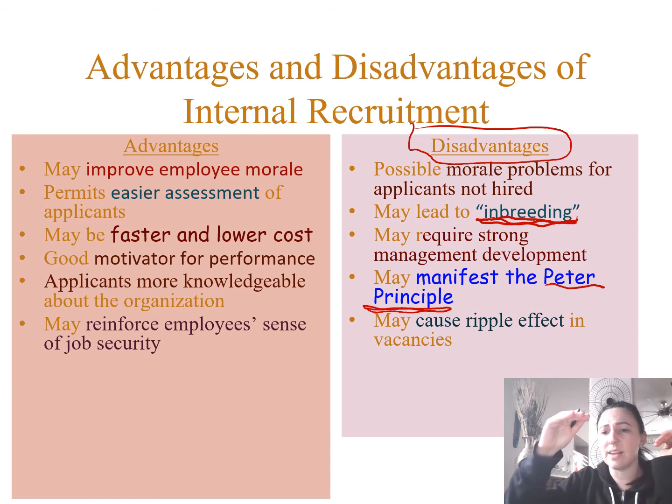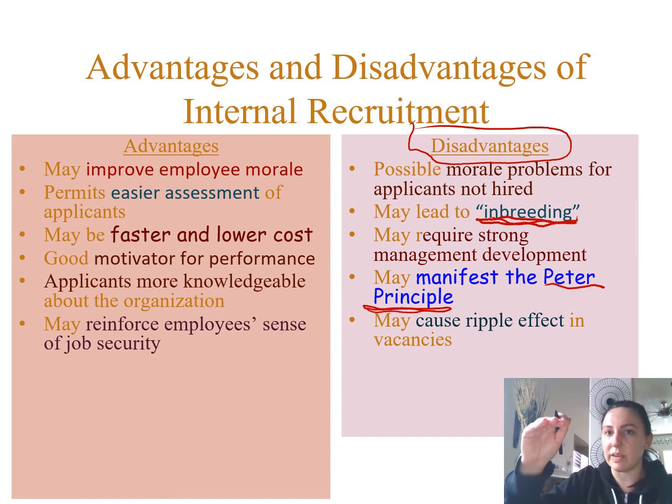But at this point, he's kind of exhausted all of his skills. Okay, he's not adding anything new. And actually at this point, when he went up to this level, he's now incompetent. Okay, so he's incompetent for this particular position, and now everyone below him is going to suffer.